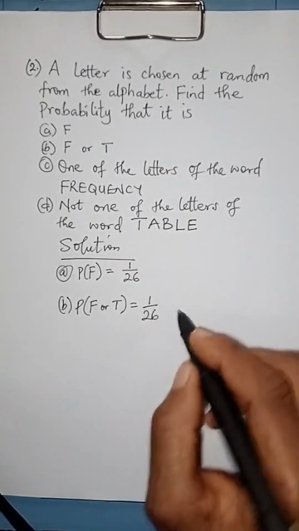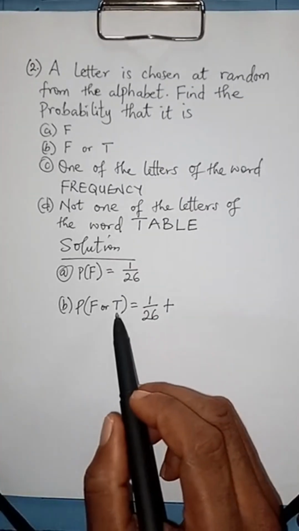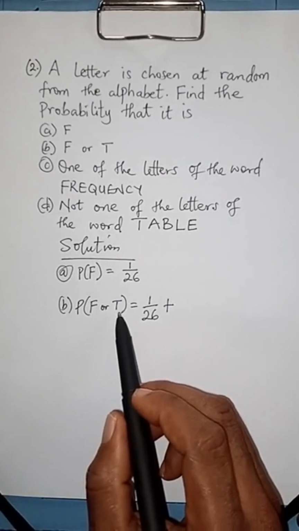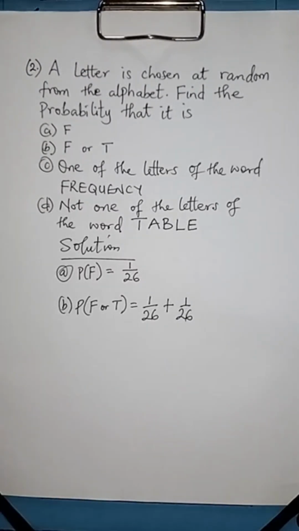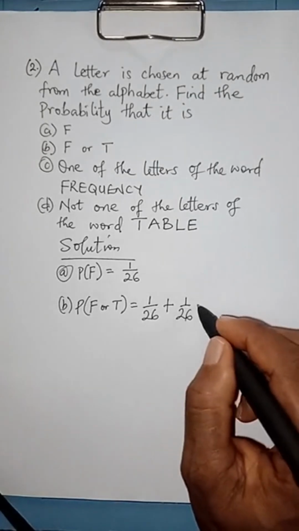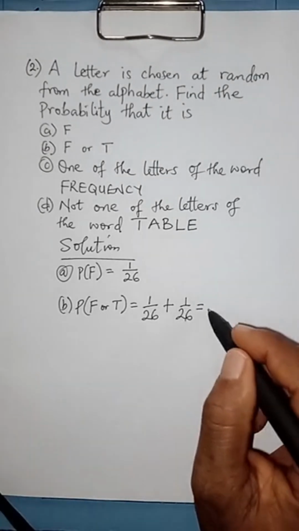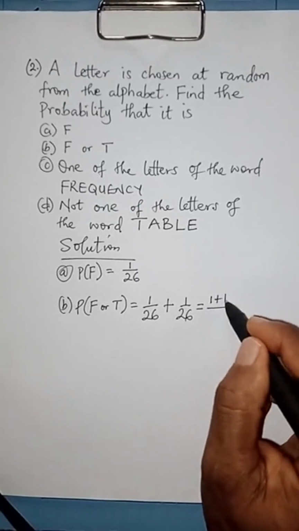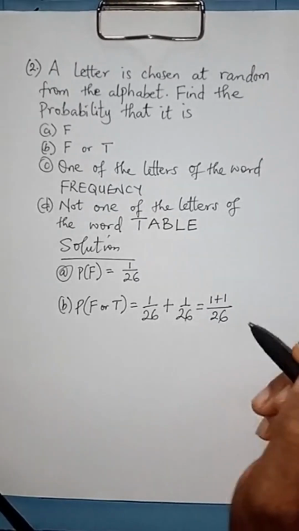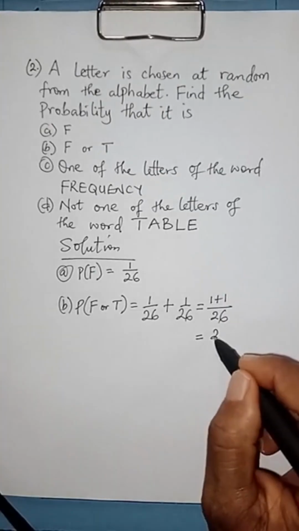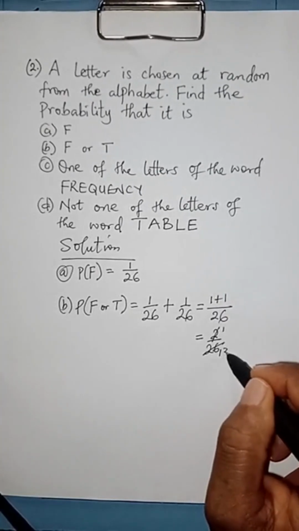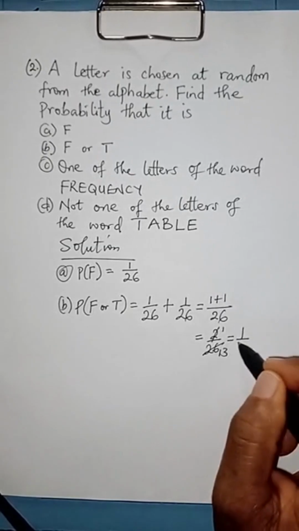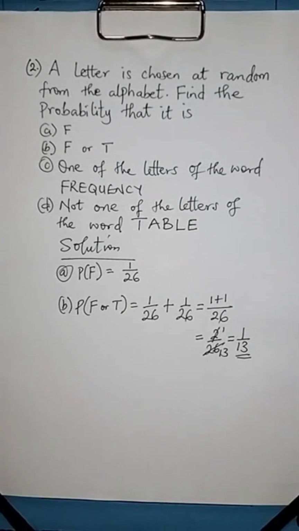Or, addition, then the probability of picking a T is 1 over 26 also, because there's just one T in the English alphabet. Now we simplify this. This will be 1 plus 1, over 26. That gives you 2 out of 26. And 2 divides into 2 once and into 26 thirteen times. So this is 1 out of 13. So that's the answer to the question.